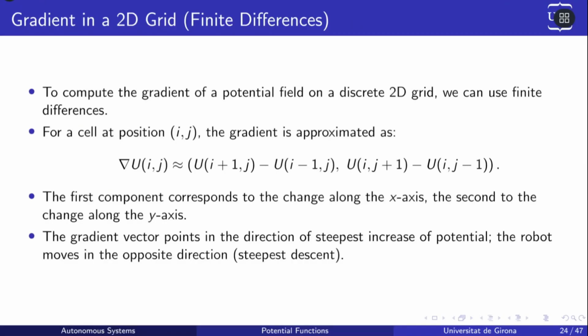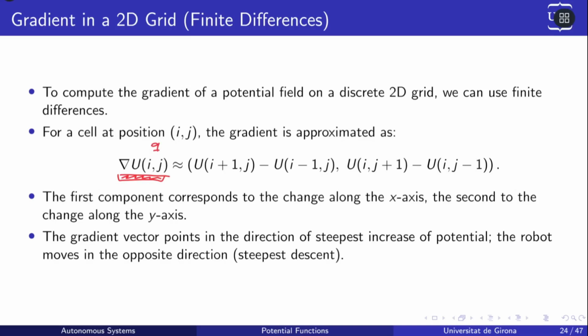But now let's see how we implement gradient descent in a discrete environment, in this very simple 2D world, and how we can compute this gradient. Basically, here I ask you: what is the gradient of the configuration (i, j)?